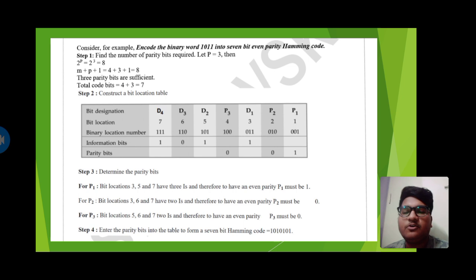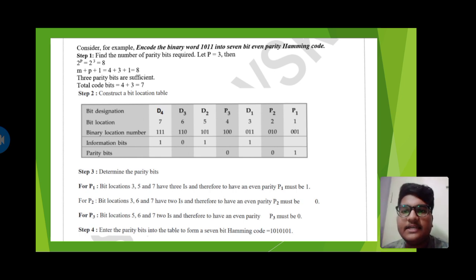In our formula, 2 power p is greater than or equal to m plus p plus 1. Here m is the number of binary word bits given, m equals 4 and p equals 3, and 1. 4 plus 3 is 7, 7 plus 1 is 8. Therefore 3 parity bits are sufficient to generate the 7-bit Hamming code.